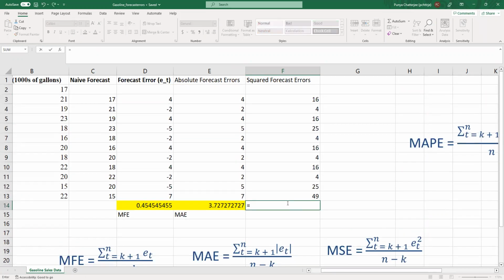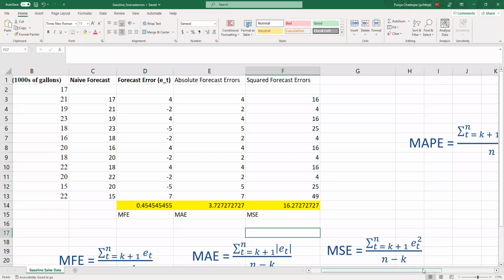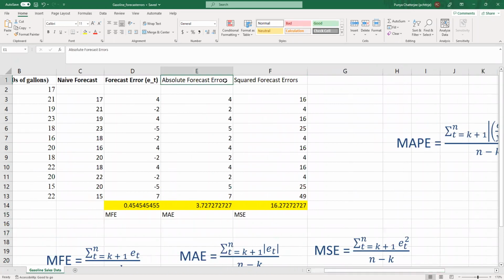It's going to be the same thing, sum of all of this divided by n, which is 12, minus k, which is 1. Okay. And this is my MSE.